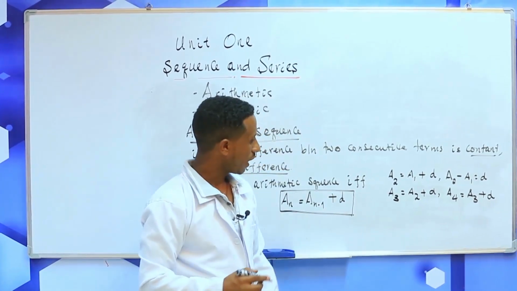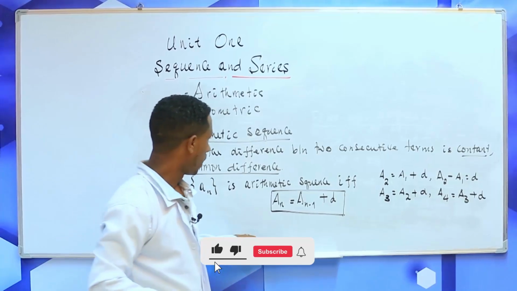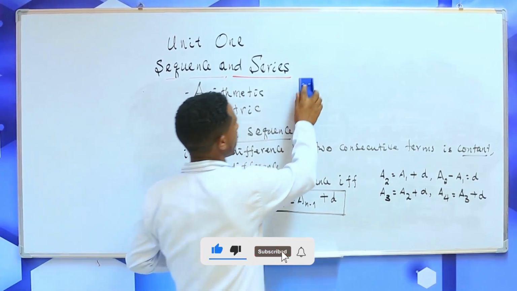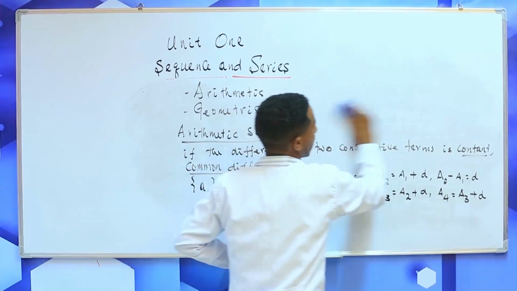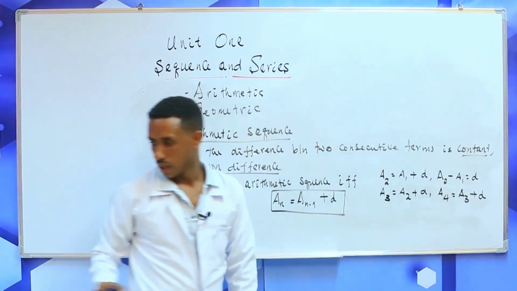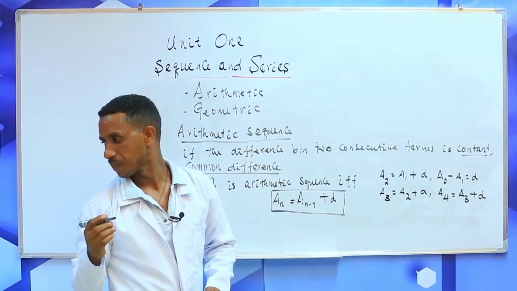We have a very interesting formula, a theorem here. Let me write down the theorem, and we will use that formula to determine some terms in a given arithmetic sequence.